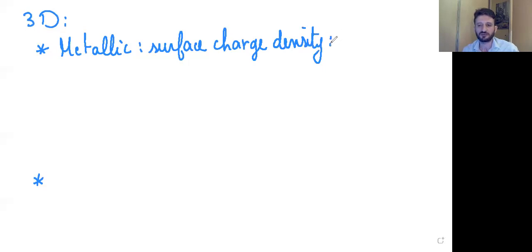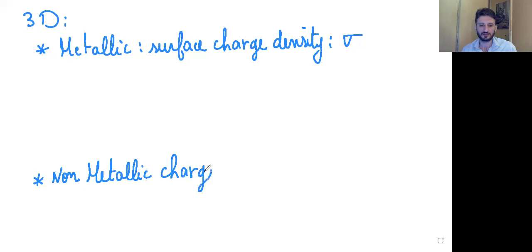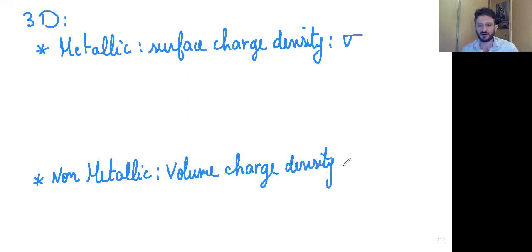It means I have to use sigma, okay? And in the case of a non-metallic object, here we have a volume charge density, rho.